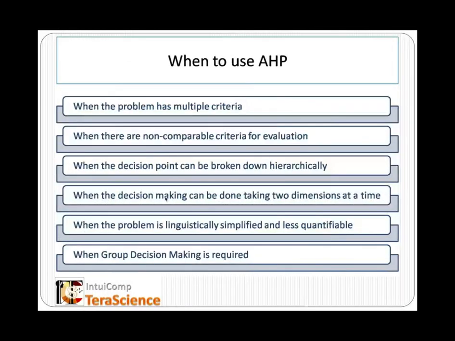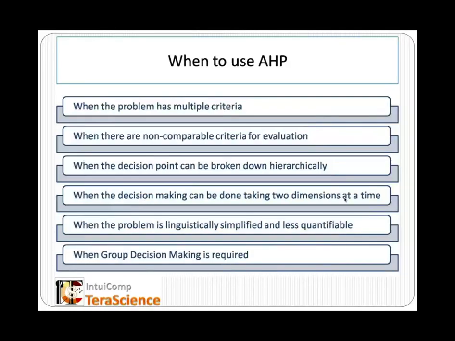When the decision making can be done taking 2 dimensions at a time. This is very important because we will be constructing a matrix in which we will be assigning weights. For example, if we have a matrix and the cell i comma j will be storing some particular value in terms of some fraction. If that value is, let's say, 0.3, this means that feature number i will be 0.3 times more important than feature number j.